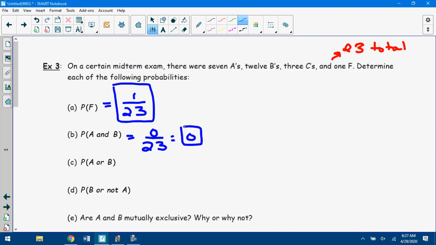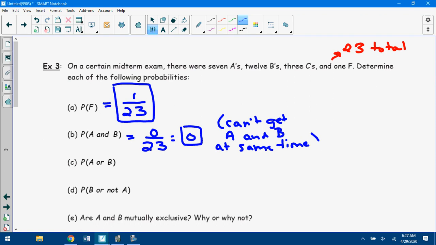Some of you might have been thinking, well, I add 7 and 12 and get 19. No, that'd be A or B. This means the probability that a single person chosen at random got an A and a B. A single person only got 1 grade, so they can't get both an A and a B at the same time.